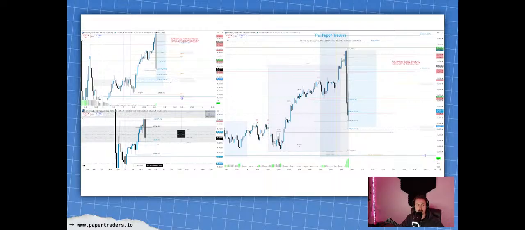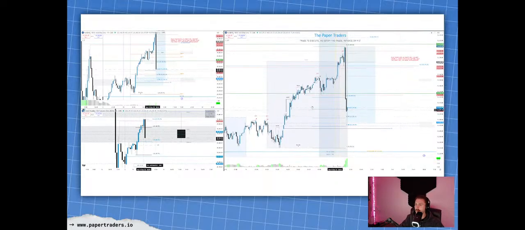Sweep up one of those liquidities. See what they do out here. We got 2 minutes till next 15-minute opens up.